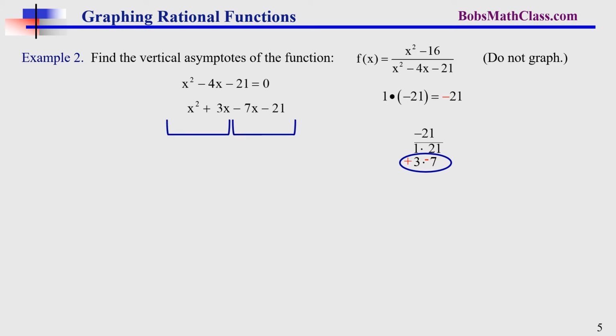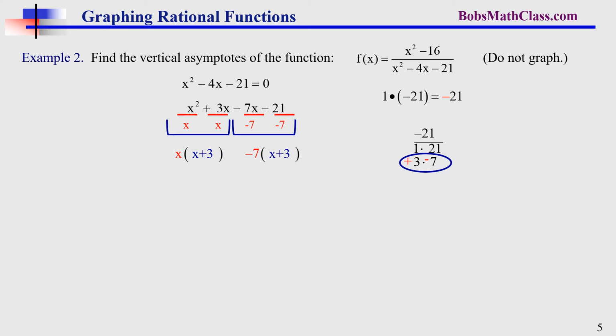Factor an x from the first pair. So if we factor out an x from the first pair, we get x times x plus 3. And then the second pair, we could factor out a negative 7. Again, that'll give us x plus 3.